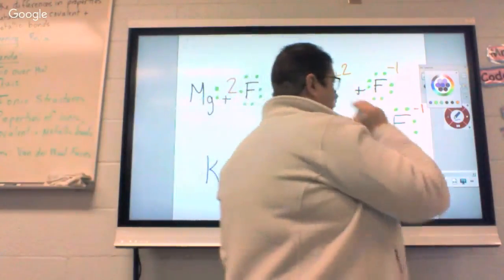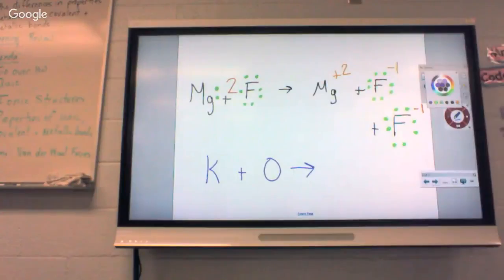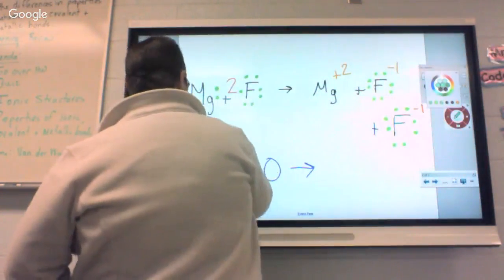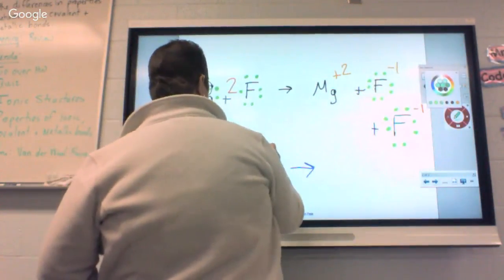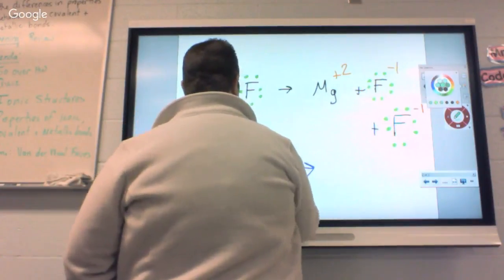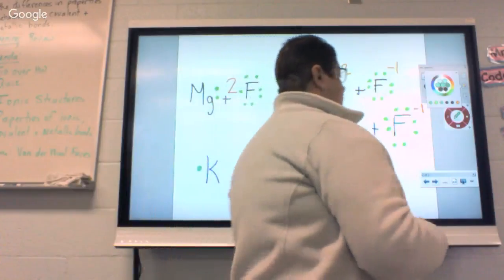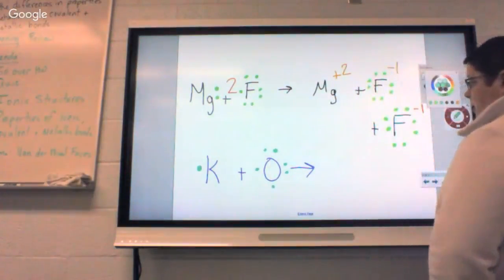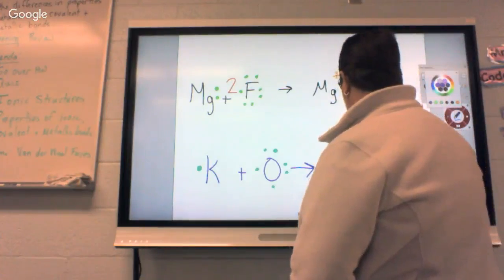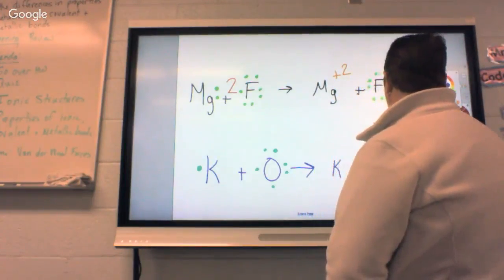Question. Now, what if I have 1 like this? I have K plus O. How many electrons does K have in its outer shell? Okay. How many does O have? All right. What is K going to do with its one? What is O going to do?